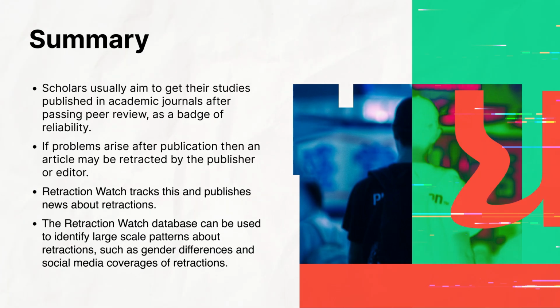And there's a news site, Retraction Watch, that tracks problems with academic research and retractions in particular and publishes news about them. And in this project we've used the Retraction Watch database to identify large-scale trends in retractions, such as the public interest in retracted research before it's retracted and after it's retracted through social media and gender differences.